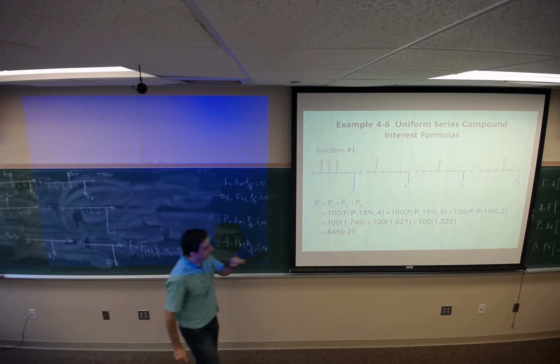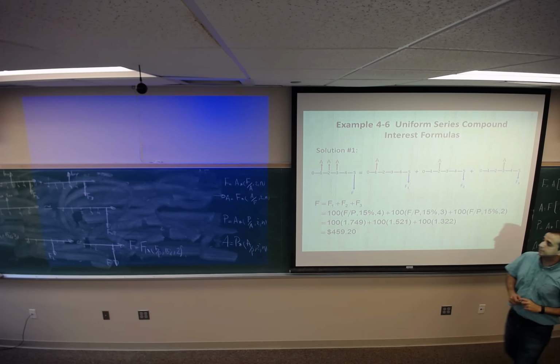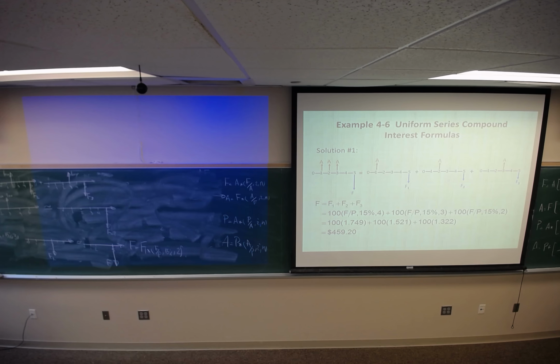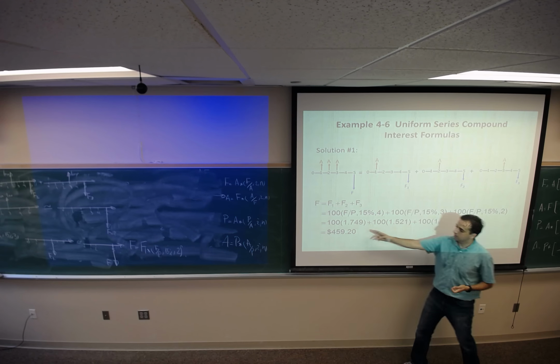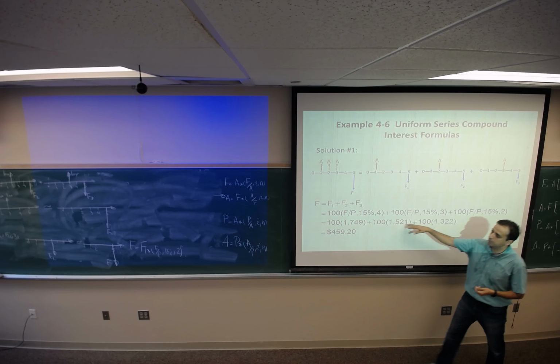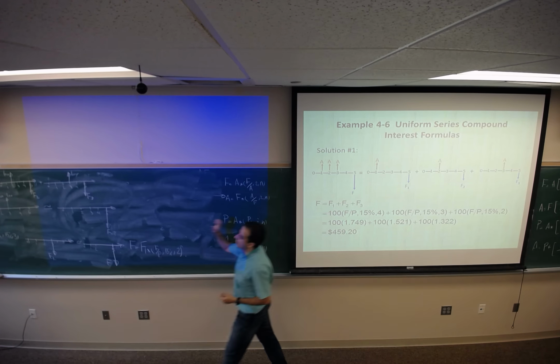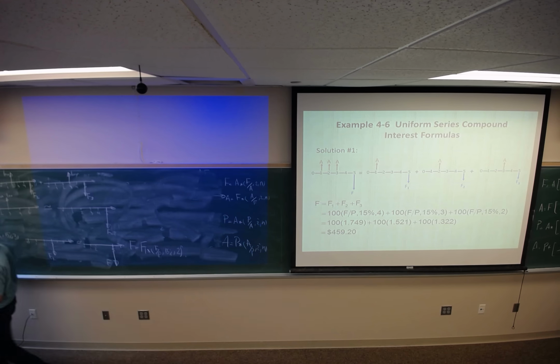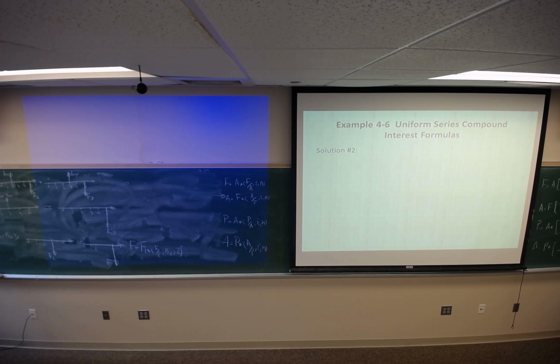These are the numbers if you read from the book or use the equation. You should get the same result. This is solution 1. I just broke the cash flow diagram into 3, found the future value for each, and then added them up to find F.